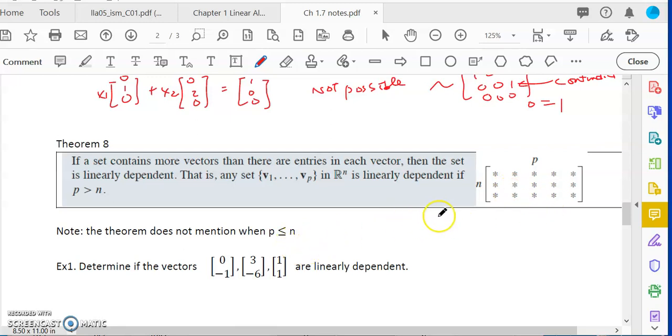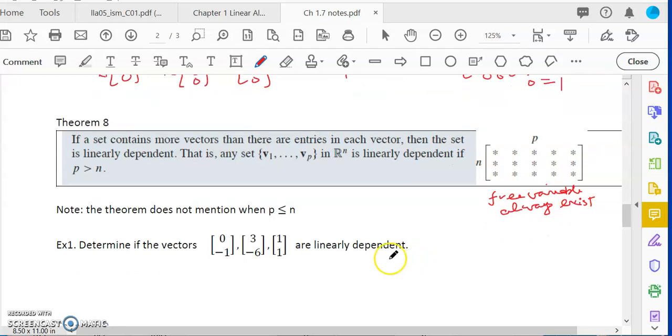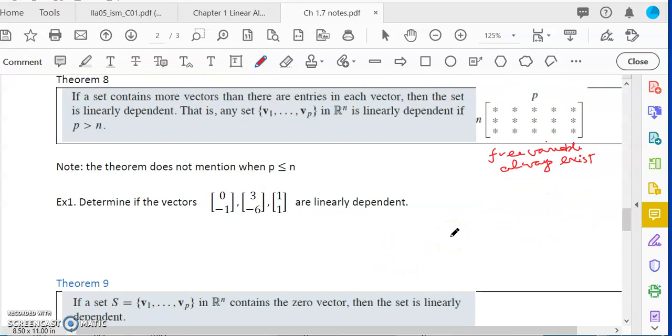You must have free variables, right? And there's no case of no solution, because in your augmented matrix you are solving for 0, so it always works. Free variables always exist, and those variables will give you a way to write a linear combination of some vectors versus the others. So for example, I don't have to check with a row echelon form that these are linear dependent.